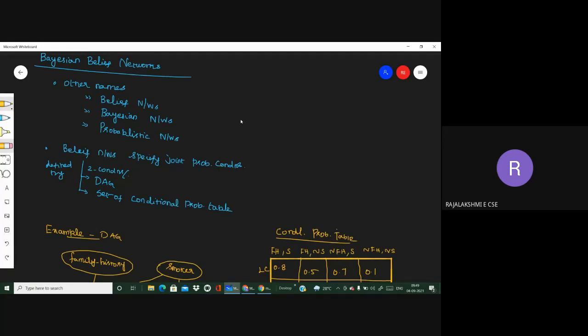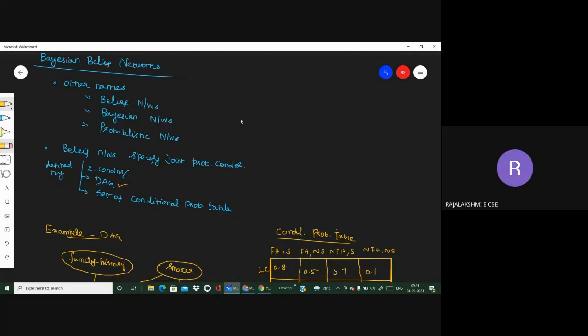The Bayesian belief networks can be defined by using two components. One is a DAG, another one is a set of conditional probability tables. What is DAG? D is directed, G is graph. So what is DAG?